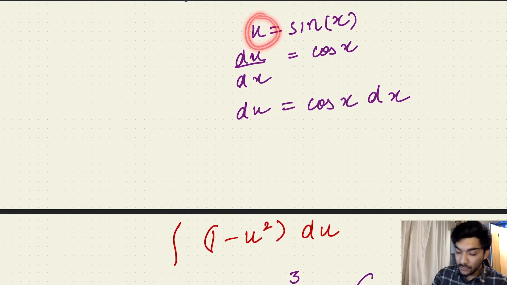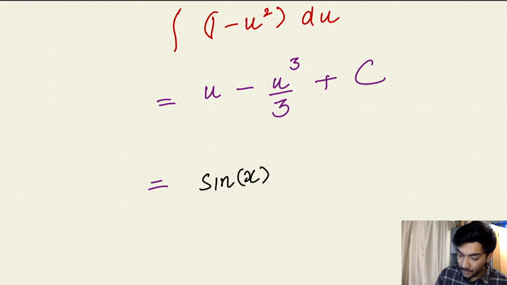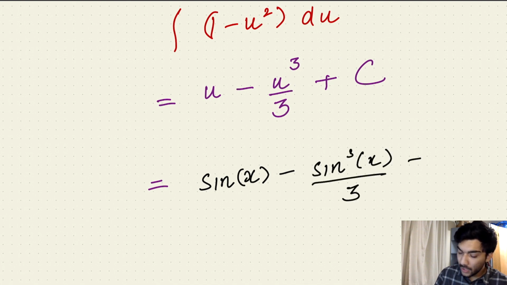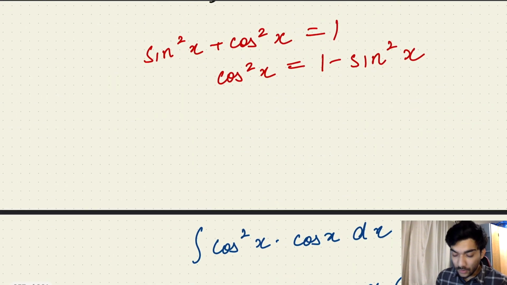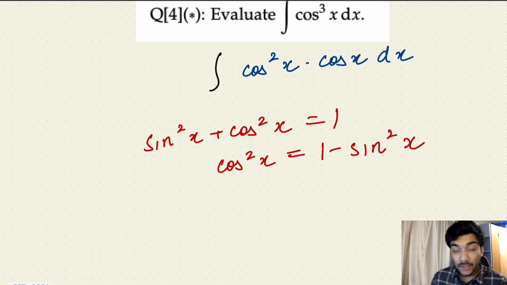So since our u was originally sin x, we'll change every occurrence of u to sin x, right? So this would become sin x minus sin³ x upon 3 plus the constant of integration in this case. And this will be your final answer and also the answer to the integral of cos³ x dx, right?